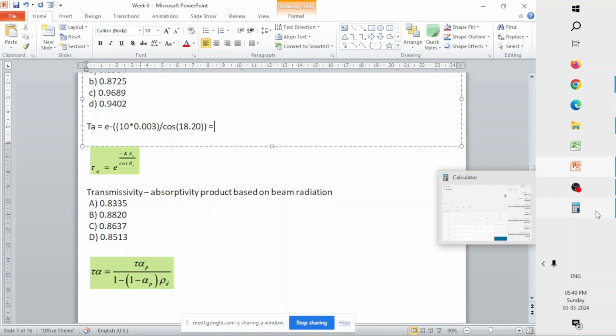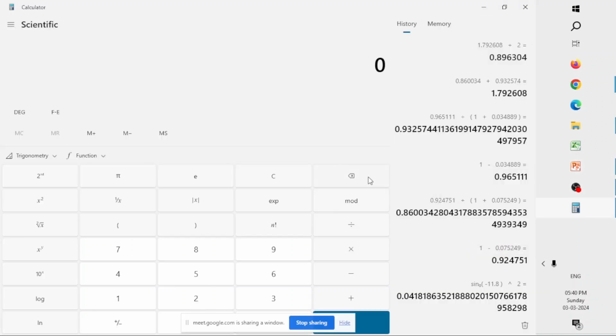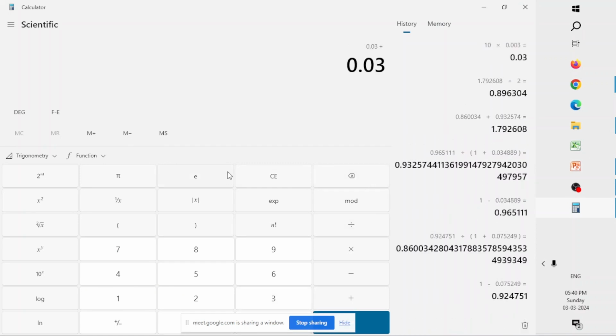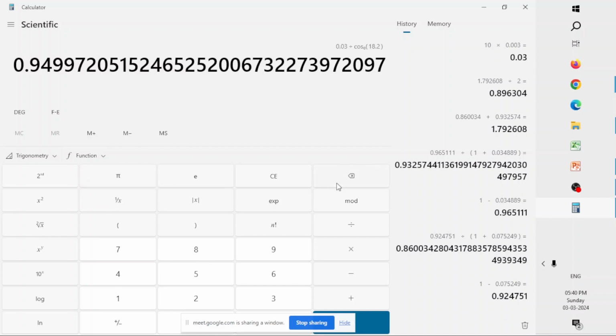So those terms will come up as you increase the number of plates in your flat plate or your concentrating collector system. So 10 times of 0.003 the whole divided by cos of 18.20, and cos of its value will be 0.9499.